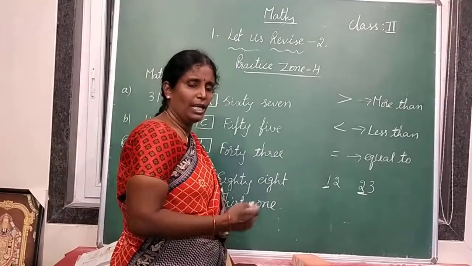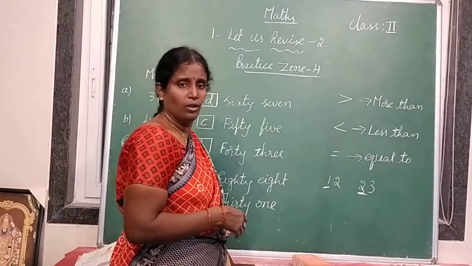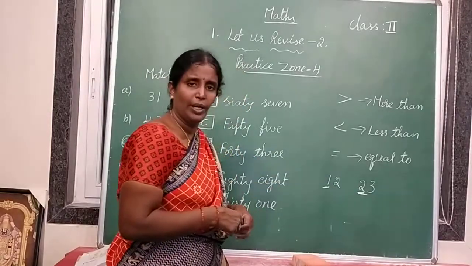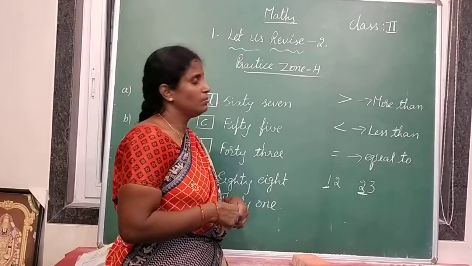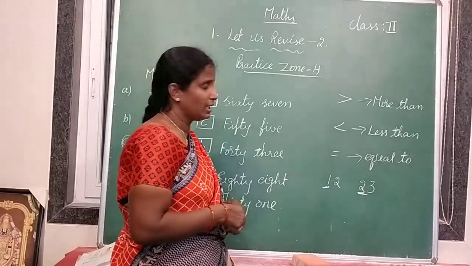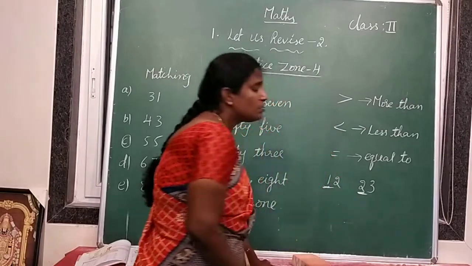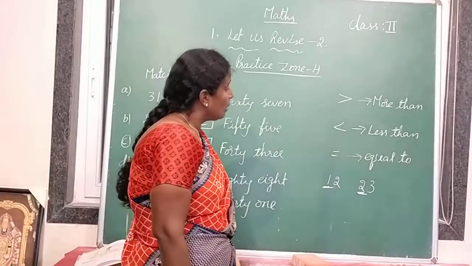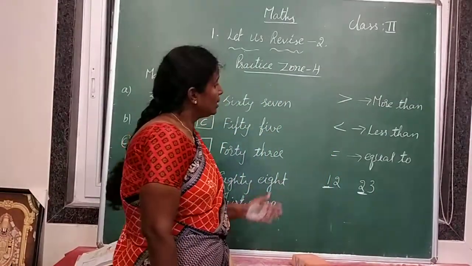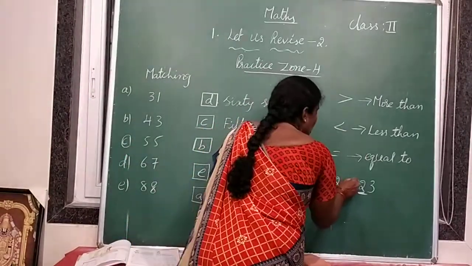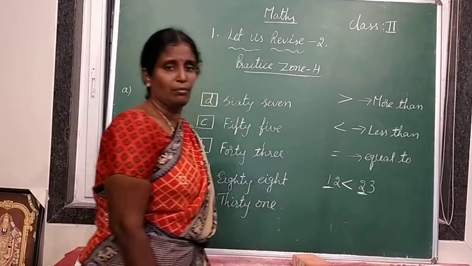Is 1 smaller or greater than 2? Smaller. So 12 is smaller than 23. The first number is smaller, and smaller means less. So which is the less than symbol here? This is the less than symbol.